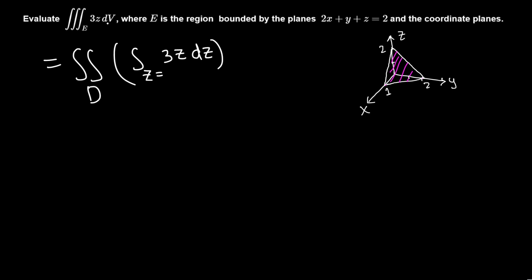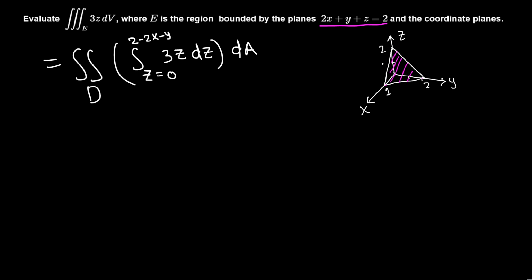So we are writing this dV as dz dA, the area. The lower bound for z is just the xy plane, which is 0, and the upper bound is found from this plane. If we solve for z, z equals 2 minus 2x minus y. So this will be 2 minus 2x minus y.